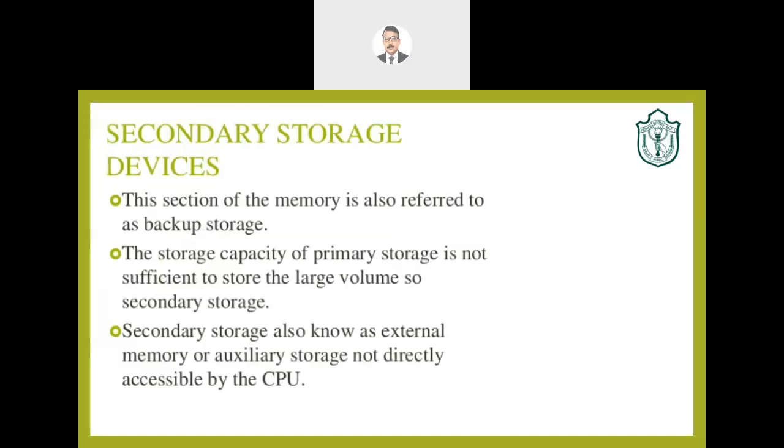Secondary storage devices. This section of memory is also referred to as backup storage. The storage capacity of primary storage is not sufficient to store a large volume, so secondary storage is there. Secondary storage, also known as external memory or auxiliary storage, is not directly accessible by the CPU.